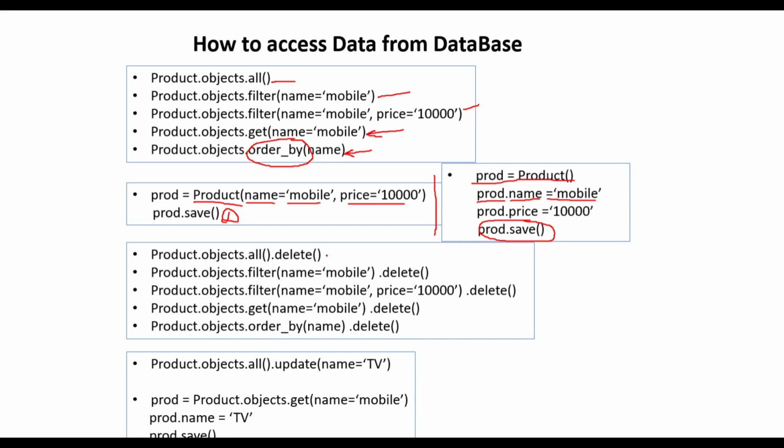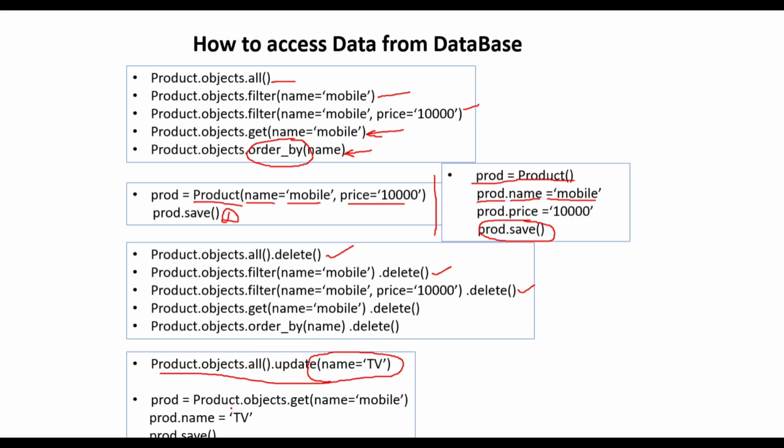To delete all the records, this is the query, and to delete some specific records, these queries are required. To update all the records in the table with a specific name, this query is required.